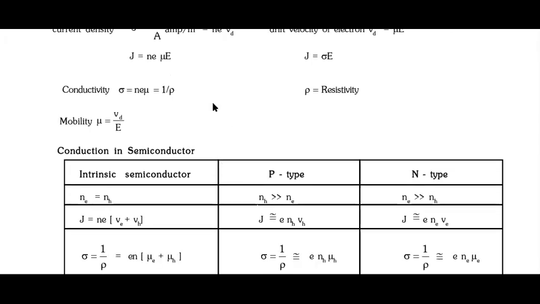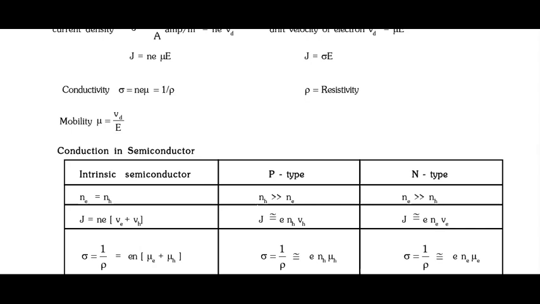Now, when we talk about conduction in semiconductors, we should know what conduction occurs because of. In conductors, it occurs because of free electrons, right, everyone? There is no doubt in that.